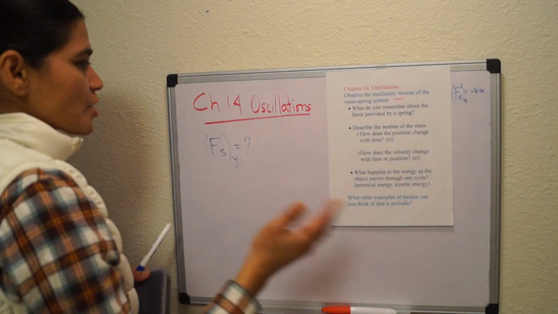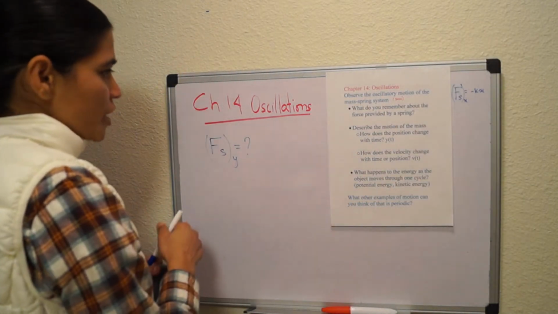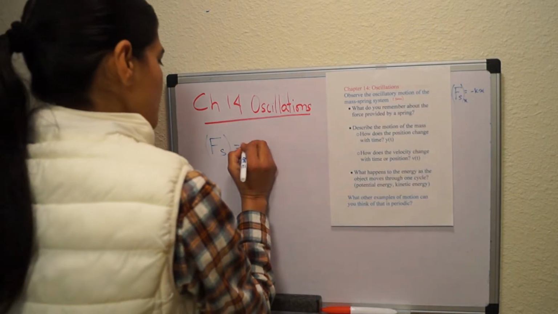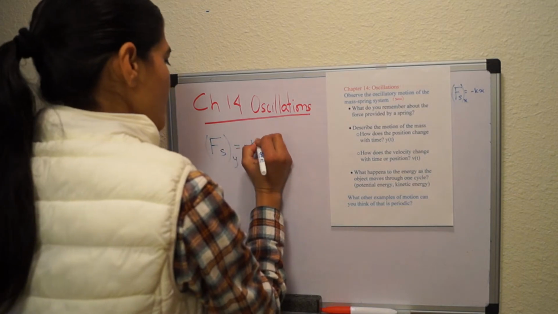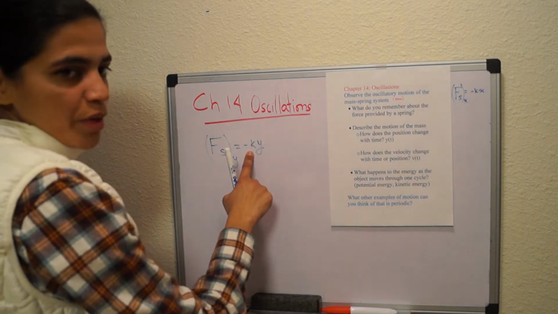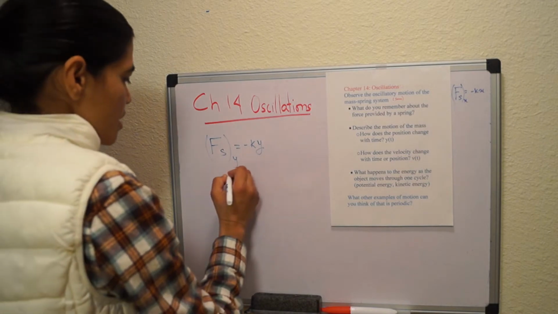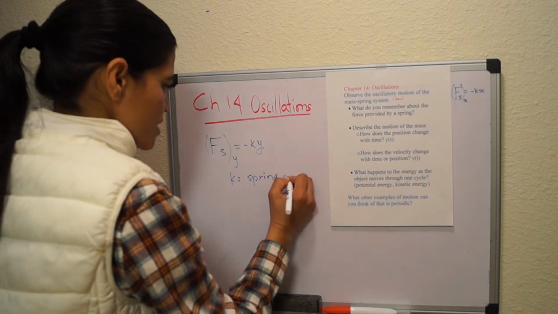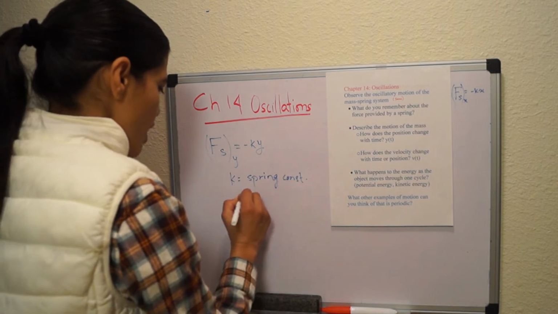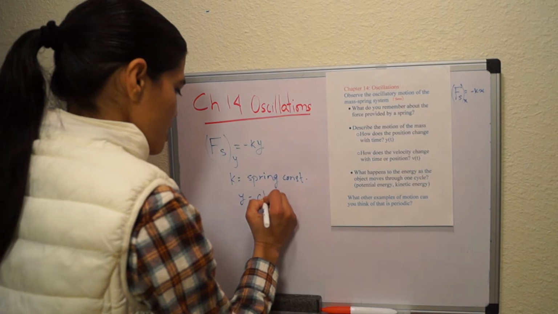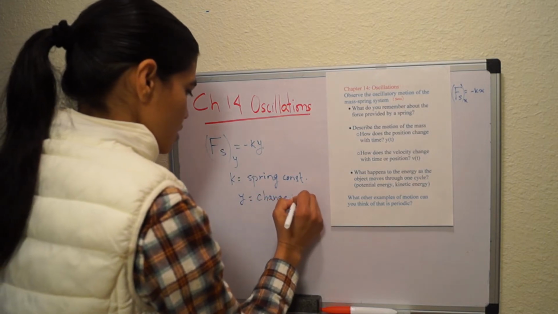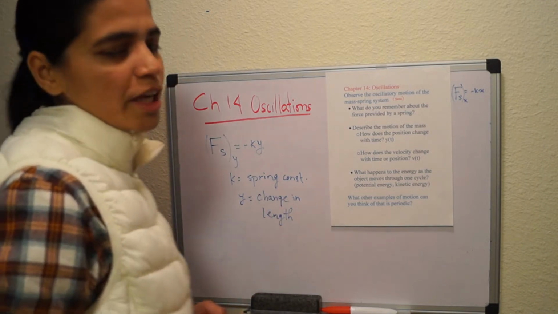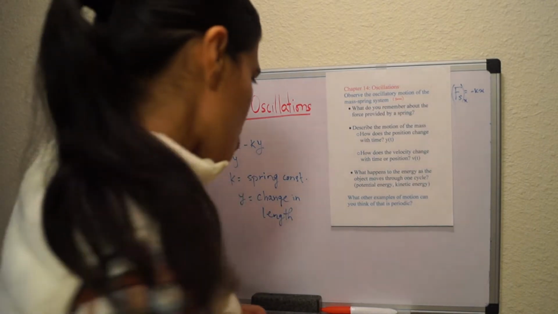If we decide to use it for a vertical spring, instead of x we should have y, right? So minus ky, where k is the spring constant and y is the change in length, or you may have called it elongation or stretch.